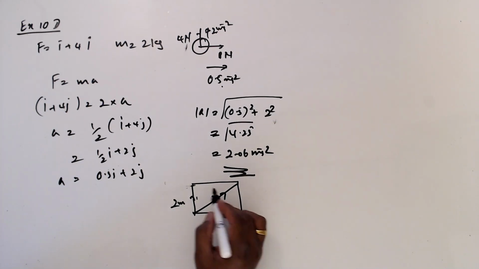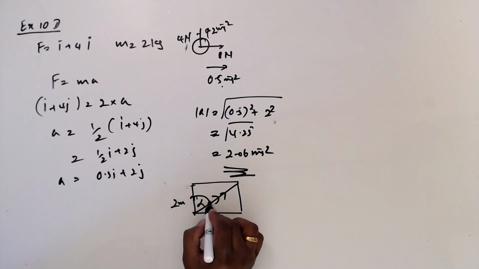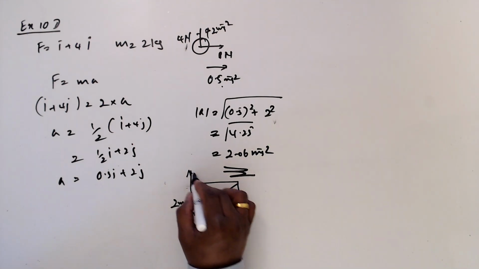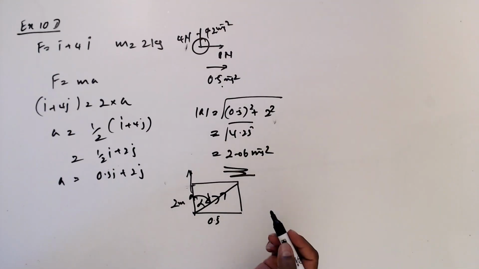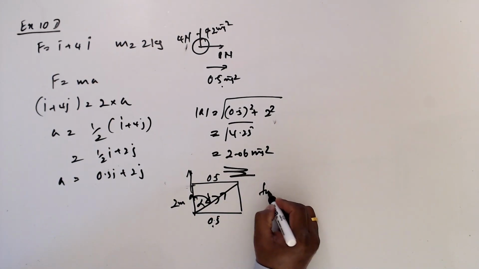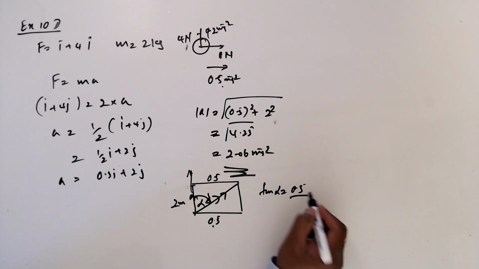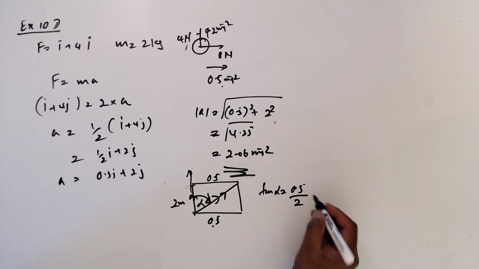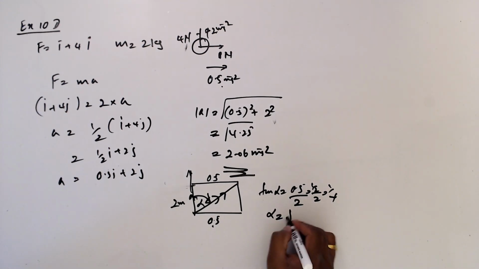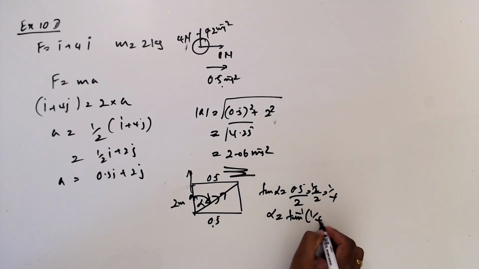So if I take this as alpha, the bearing we measure from north. So if I find alpha, it's fine. So this is 0.5. Tan alpha equals 0.5 over 2, or half over 2, which is 1 over 4. Alpha is tan inverse 1 over 4.